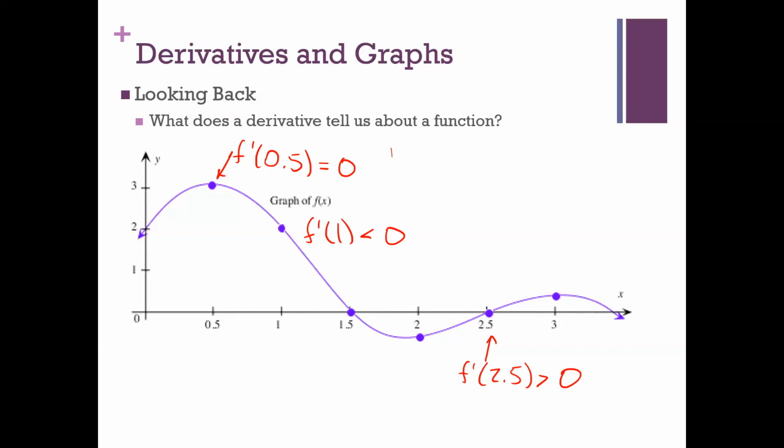It's a critical point. Can you be more specific? A local max. So at local maxima and local minima, what has to be true about the derivative? It equals 0 or what? Or it doesn't exist. But looking at this graph, it looks like it's differentiable everywhere.